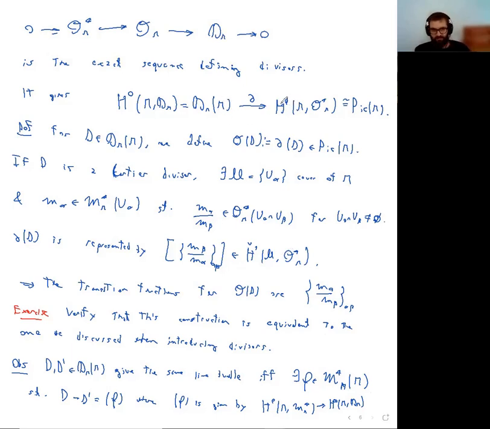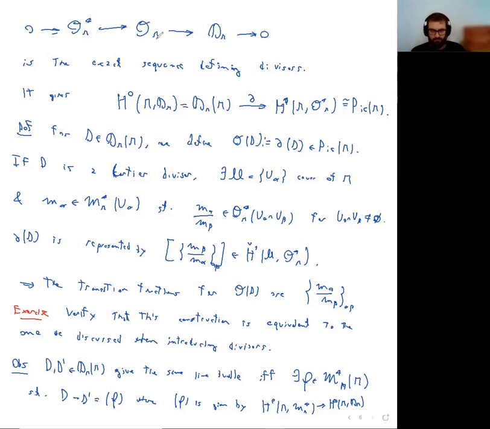So if the delta is the same, right? So if delta of D minus D prime is 0, or the trivial bundle, yeah? So it looks like it should be something in the image of O_M, right?